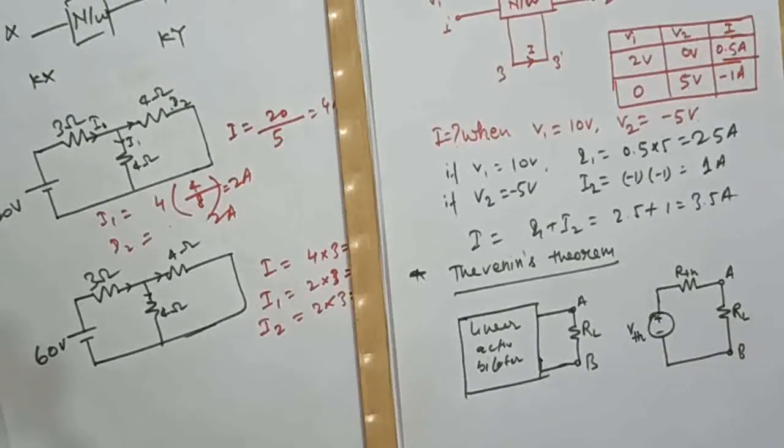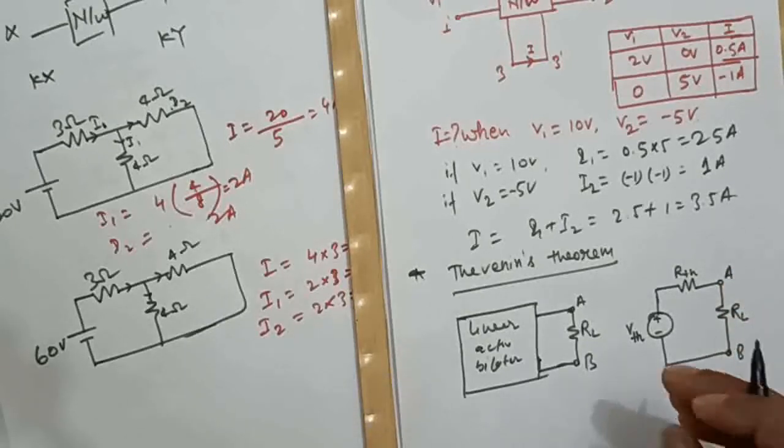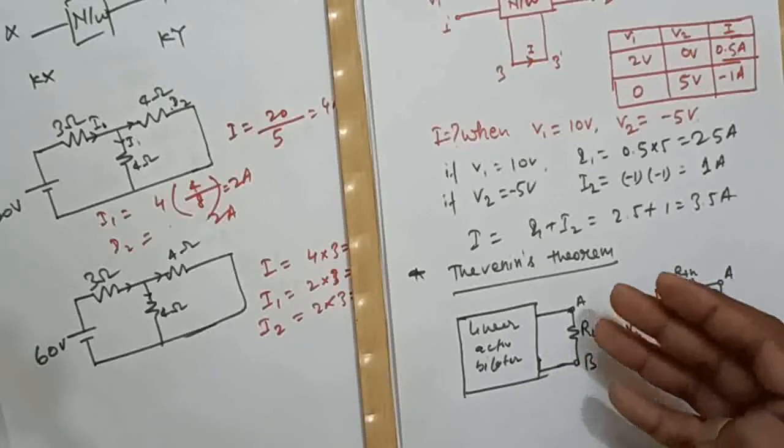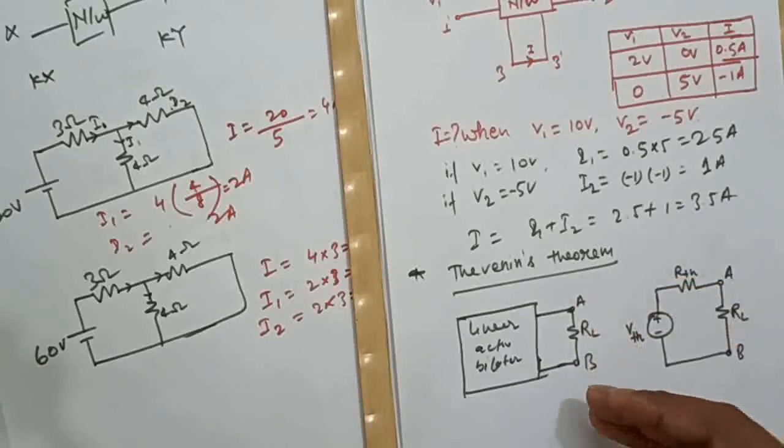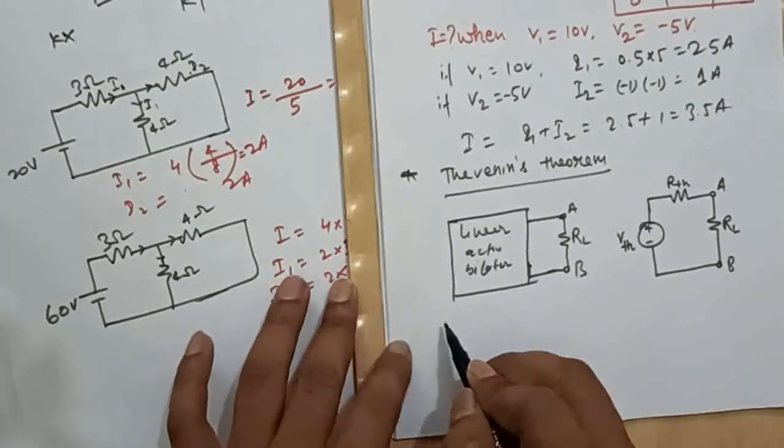This is basically Thevenin's theorem. And what is VTH? VTH is the open circuit voltage across A and B. And what is RTH? RTH is the resistance seen from terminals A and B. Clear? In the same way, our next theorem is Norton's theorem.